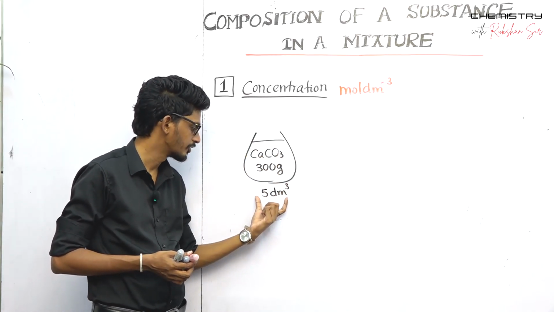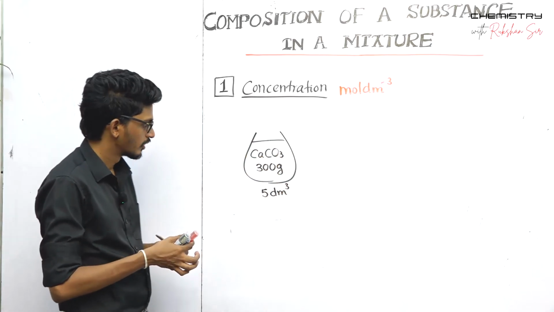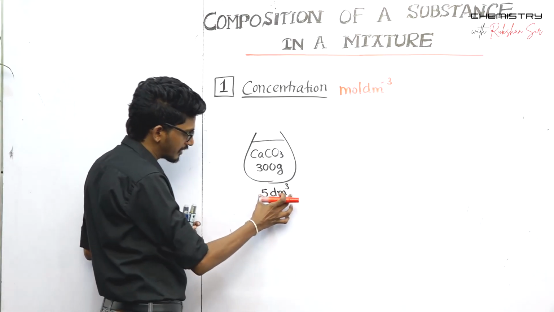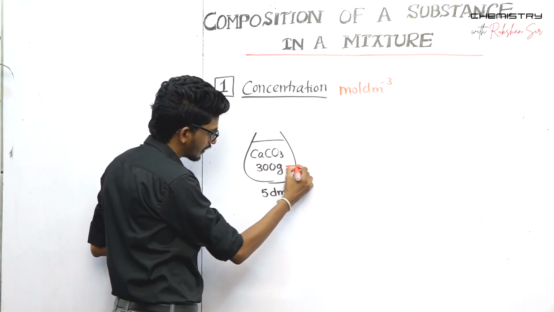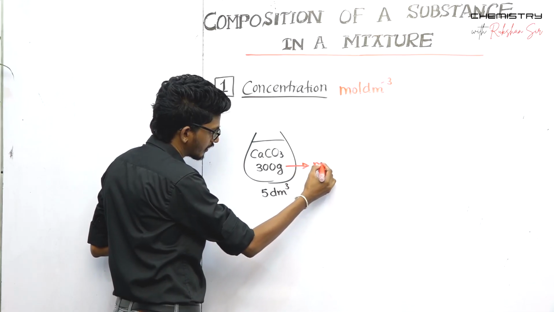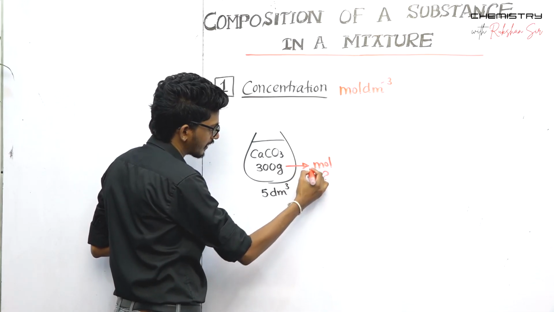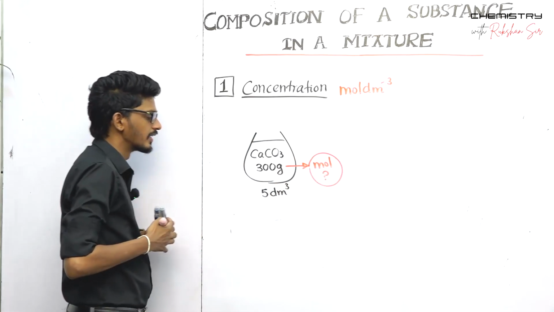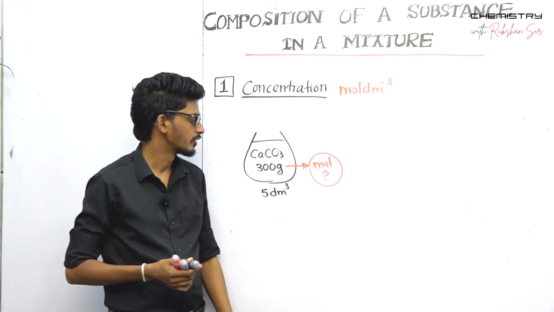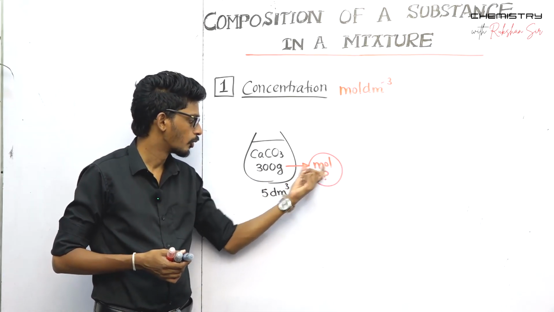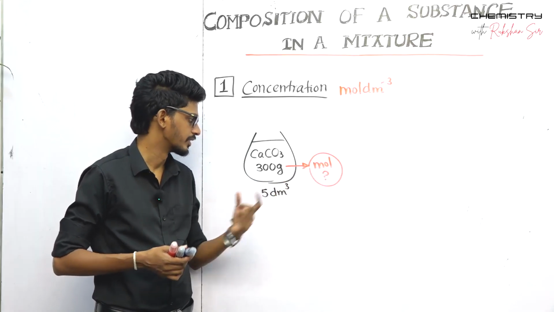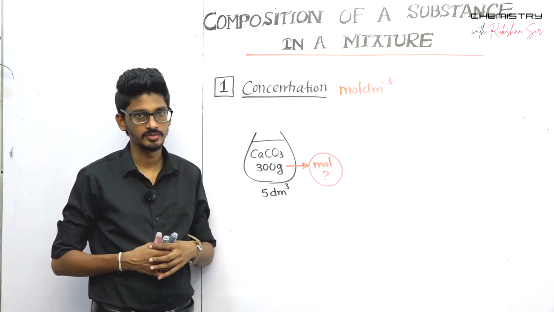The decimeter cube value of the solution is given, but first of all you need to convert this grams value into a mole value. If you can do this conversion, then just divide, and that will give you the mol dm minus 3 value, which is the concentration.